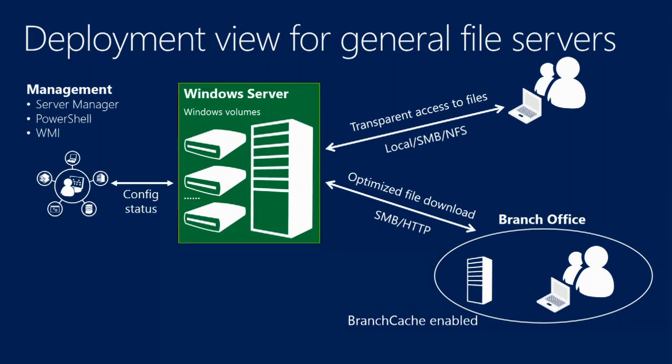The one thing that does happen in this case that actually optimizes the experience for those is if you have BranchCache in your environment, the deduplication and BranchCache have been coordinated, so we use the same chunking and hashing algorithm.